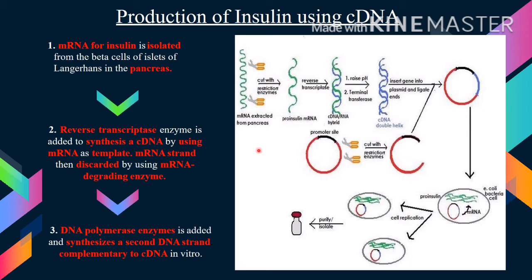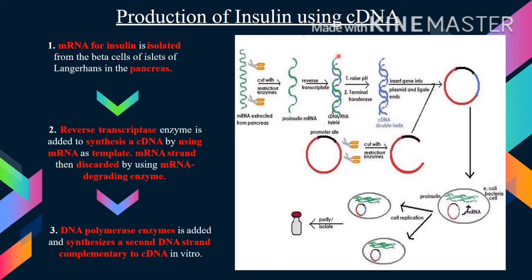The second step is the formation of cDNA. Reverse transcriptase enzyme is added to synthesize a first strand of cDNA by using mRNA as a template. If you have a look at the diagram, the green one is the mRNA that acts as a template, while the blue one is the first strand of cDNA. After that, the mRNA strand is discarded by using an mRNA degrading enzyme.